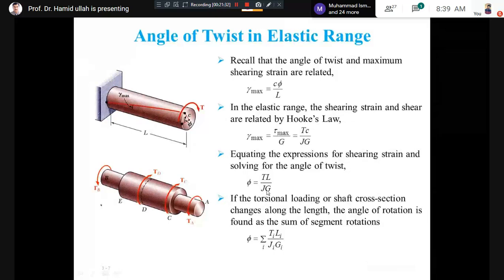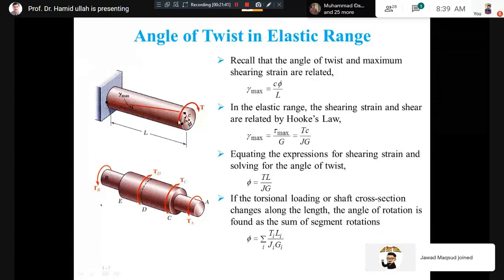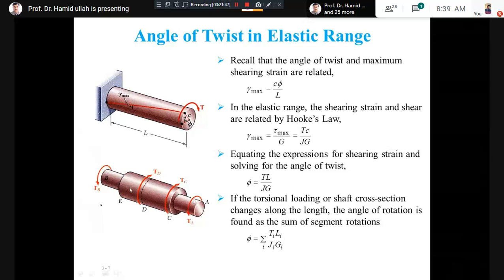This formula is applicable when the shaft has a uniform cross section, uniform diameter throughout its length. You can see it in the top figure. But if the shaft has different diameters at different cross sections, like in the second figure, it is called a step shaft, because you can see a step is produced.